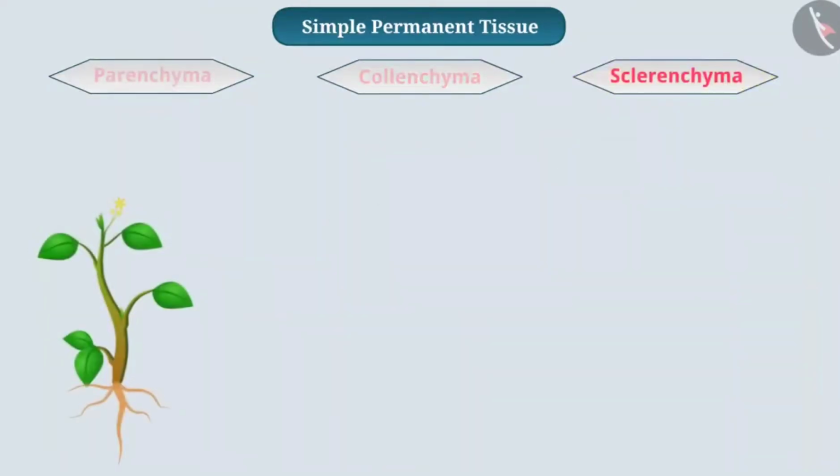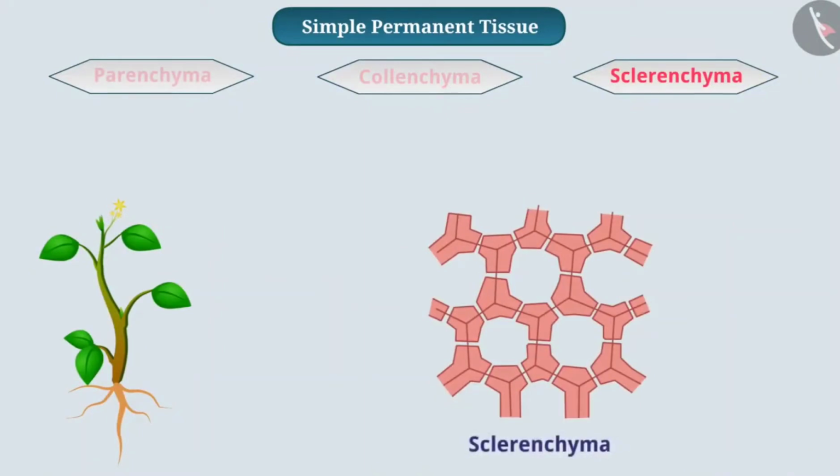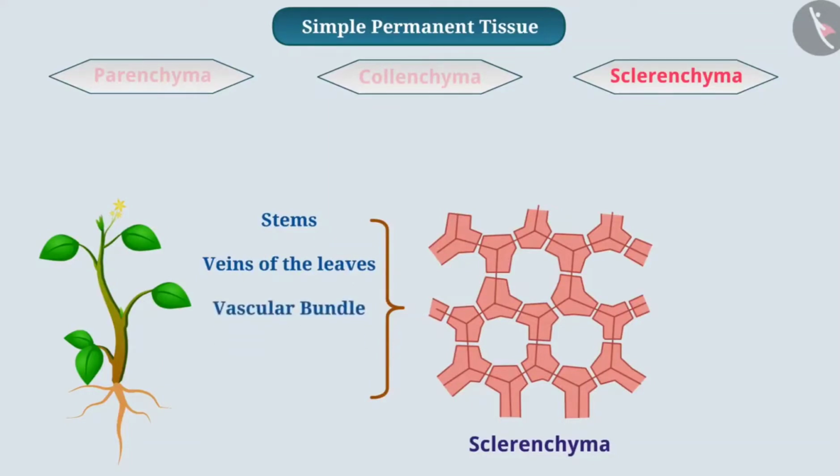Sclerenchyma. In plants, sclerenchyma tissue is present in the stem, veins of the leaves, near the vascular bundle, and in the hard covering of fruits and seeds. Its cells are dead, long and thin, and in their walls, lignin is present.